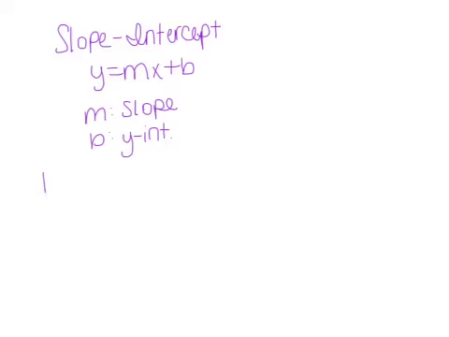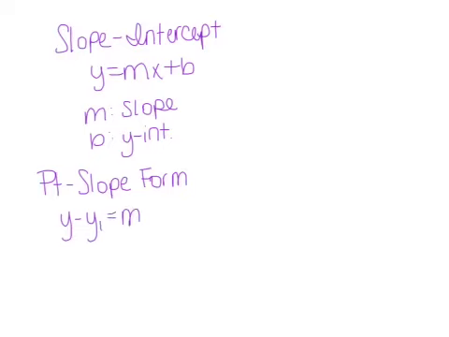We also talked about point slope form, and we had y minus y1 equals m times x minus x1. And to use that form, you needed a point, which is where x1, y1 is at. And then you also needed the slope.